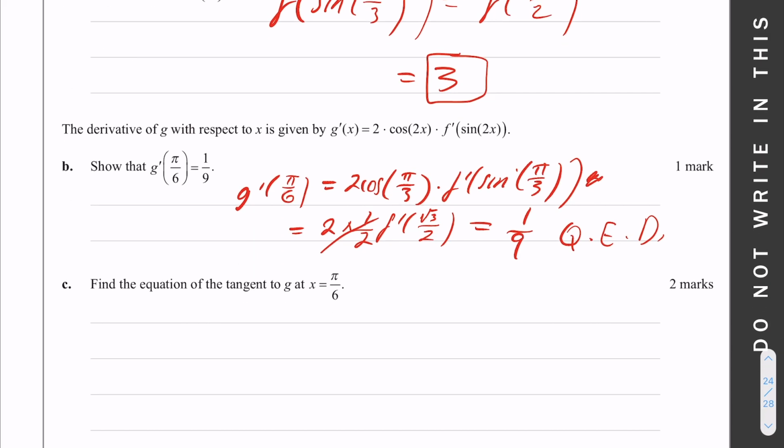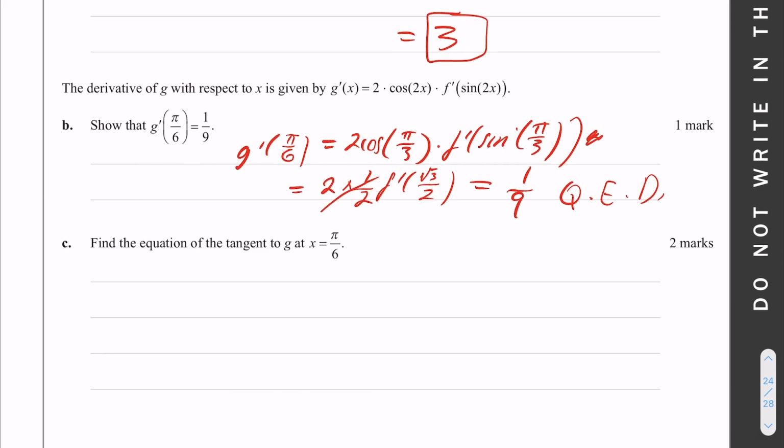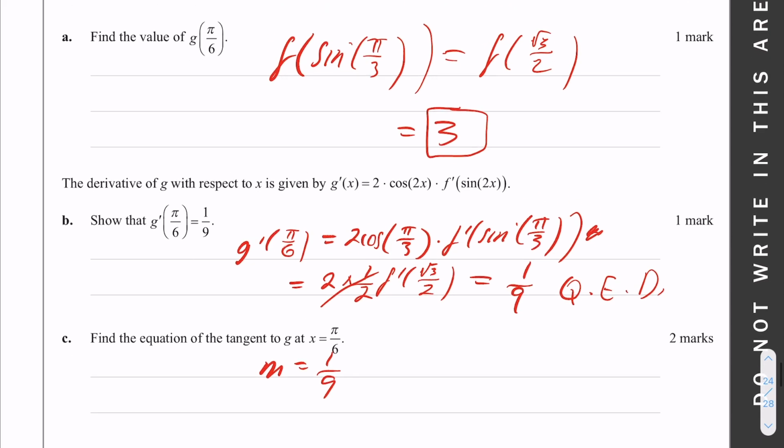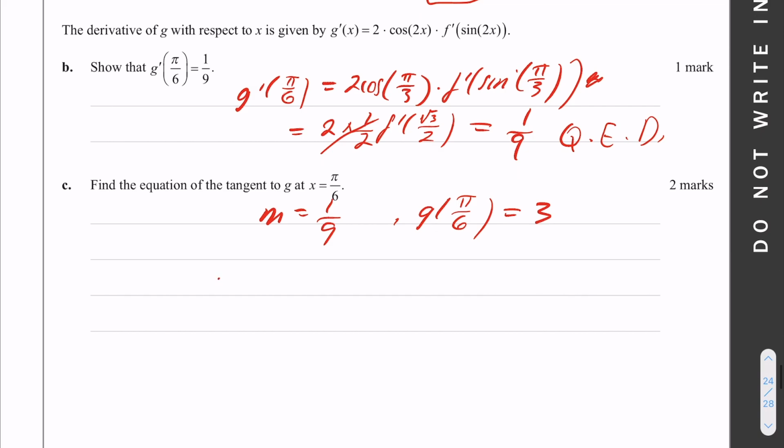The equation of the tangent to g at x equals pi over 6. So we know that the gradient is 1/9. And we know that the point, or g of pi over 6, which was the first part, is 3. So y minus y1, y minus 3 is equal to m, 1/9, times x minus x1.